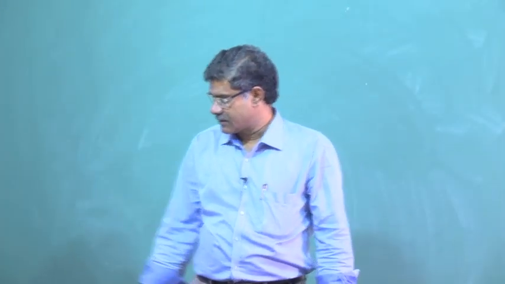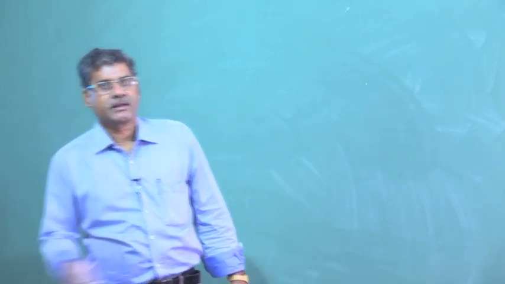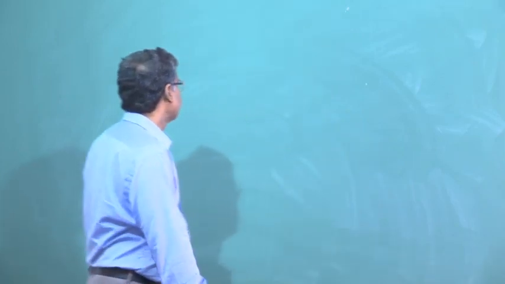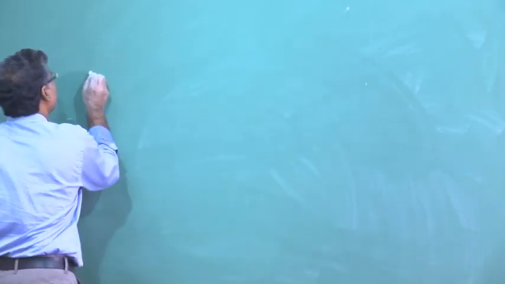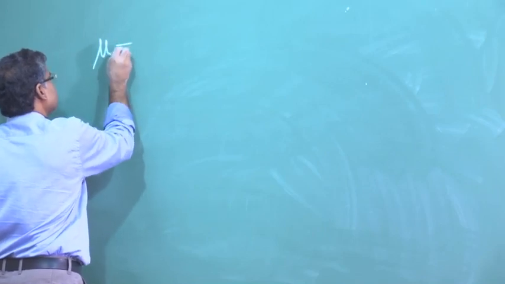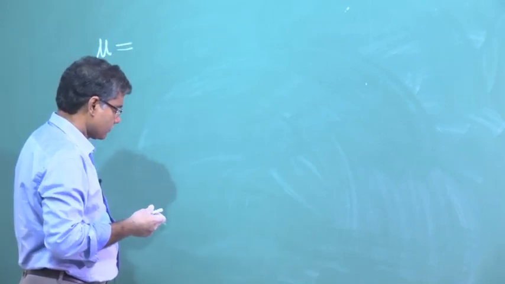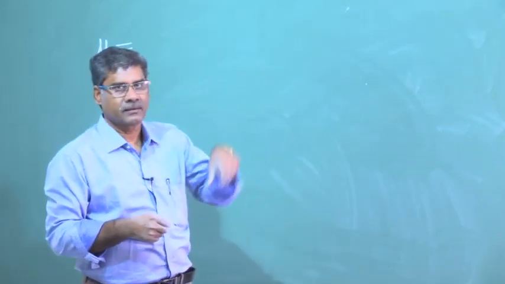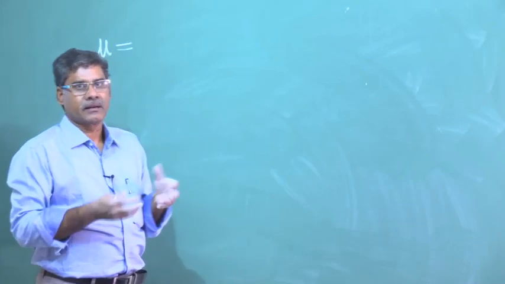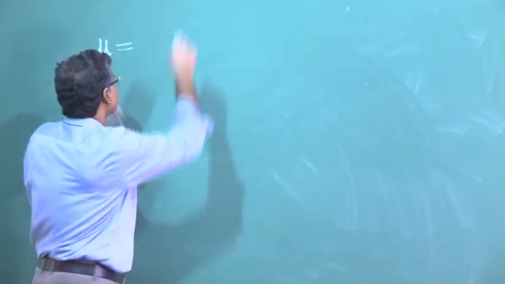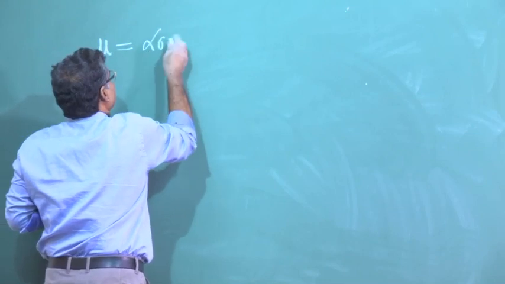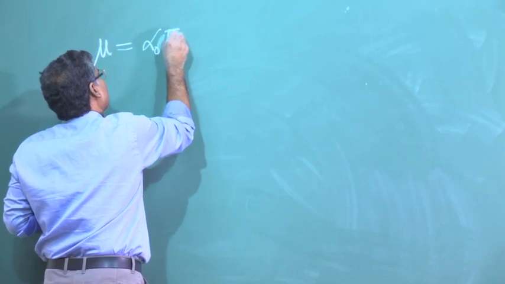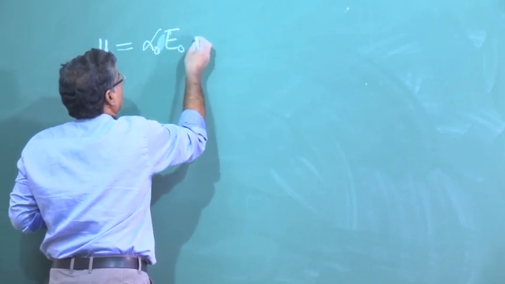So, in last class we have discussed the classical theory of the Raman effect. There we have seen the dipole moment of molecules under the external radiation of frequency nu 0.